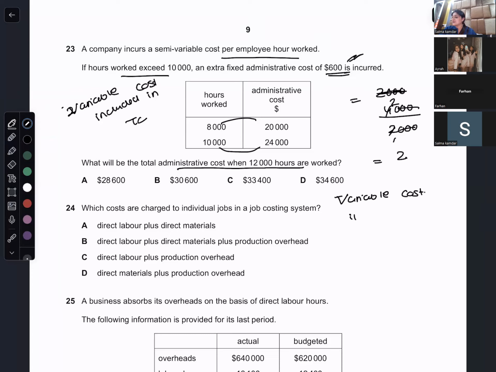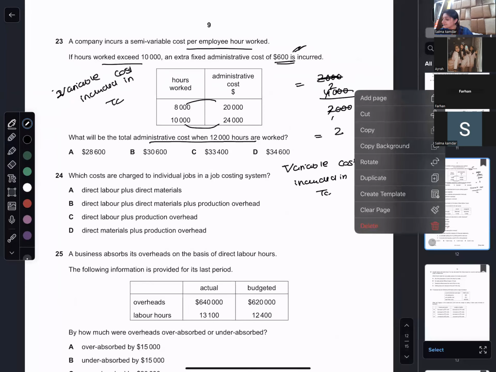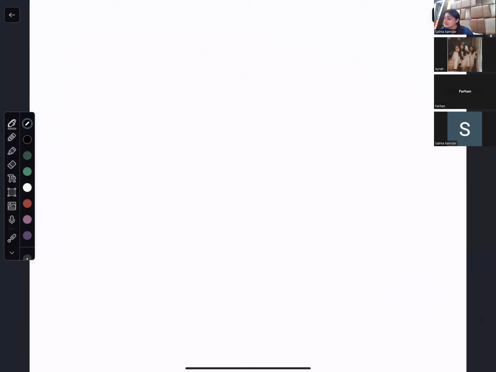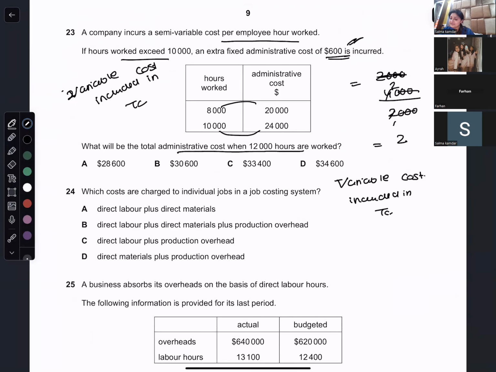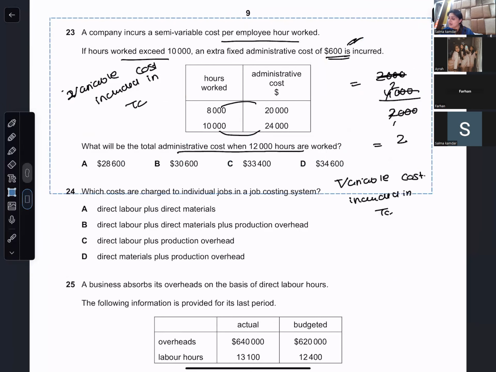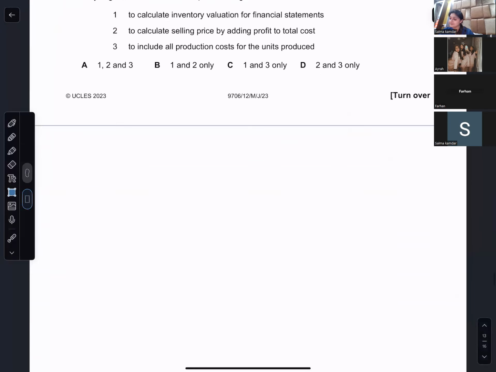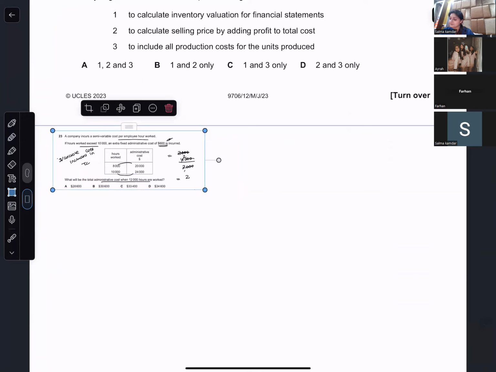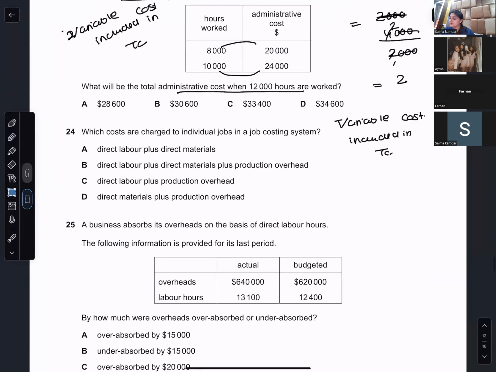Variable cost included in total cost is the difference in cost divided by the difference in hours.